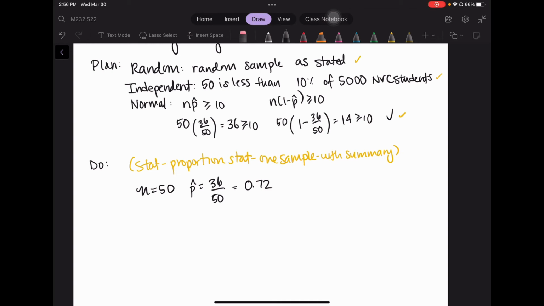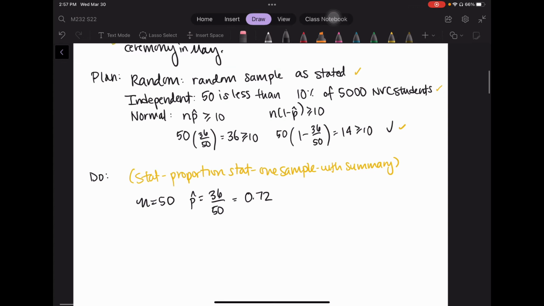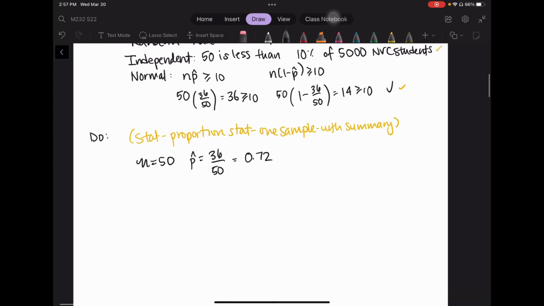When I do Stat, Proportion Stats, One Sample with Summary, I enter the number of successes. There were 36 out of my 50 that said they were going to go to the commencement ceremony. And I want to make sure I click that confidence interval box in StatCrunch and I change it to the level the question asks. This question asks for 90%, so I'm going to do a 90% interval and then I compute.